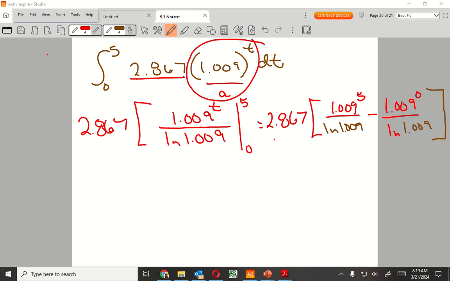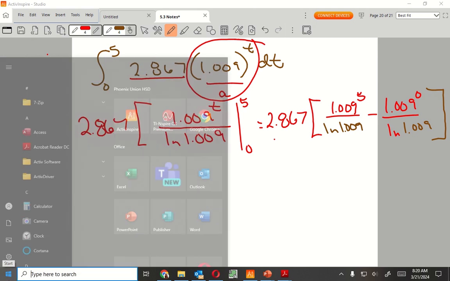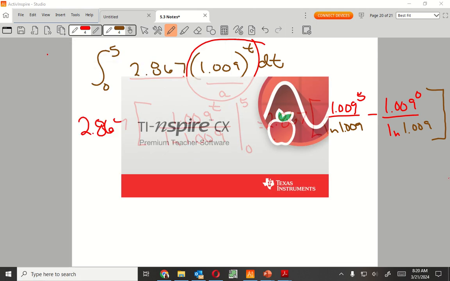So let's start off with the outside. 2.867, parentheses, and then I have control divide. If you guys are actually putting it in the calculator, I'll put it here so you guys could see it.